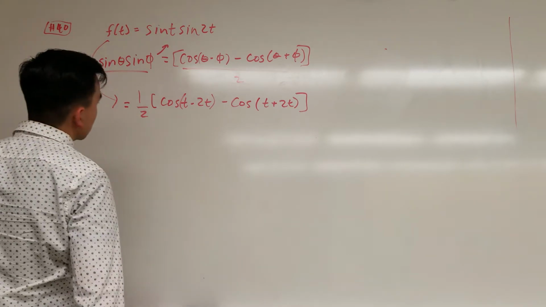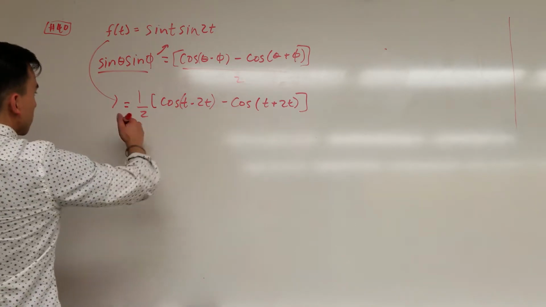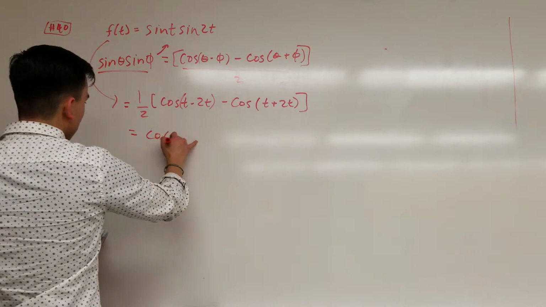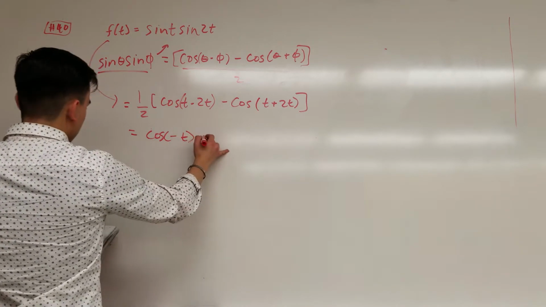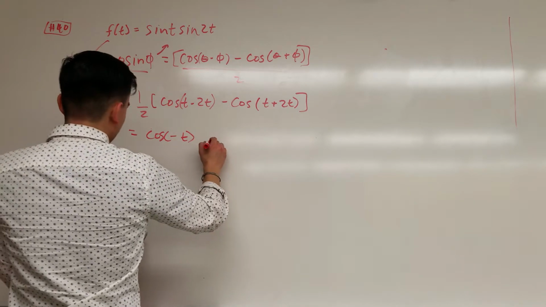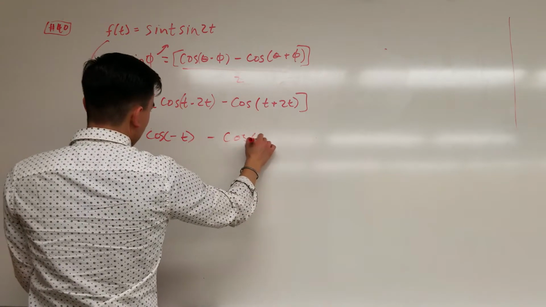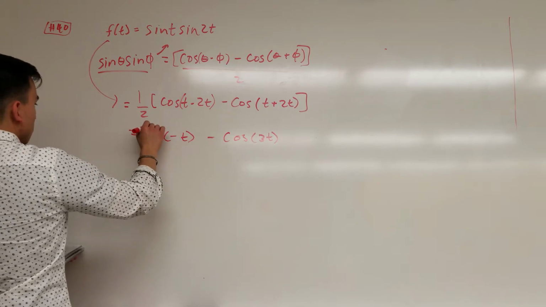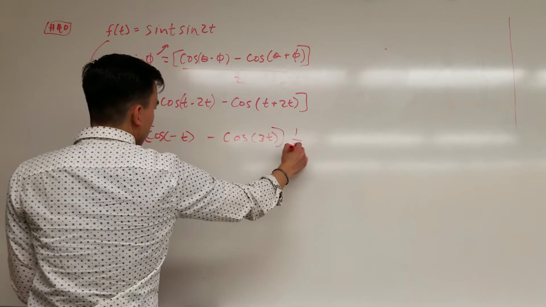All right, so if we do the computation inside the argument, we have cosine of minus t, minus cosine 3t, right? That's times 1/2.